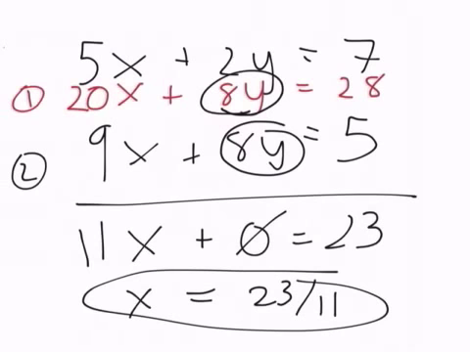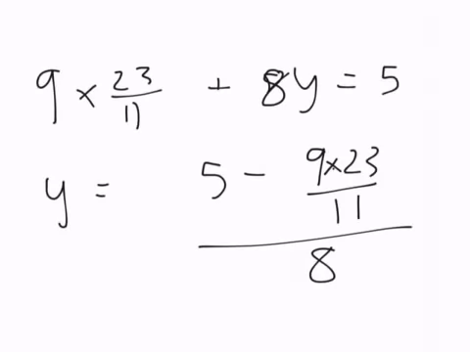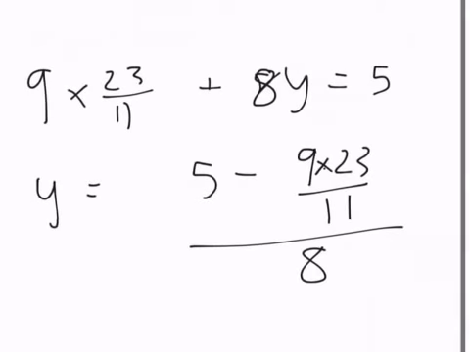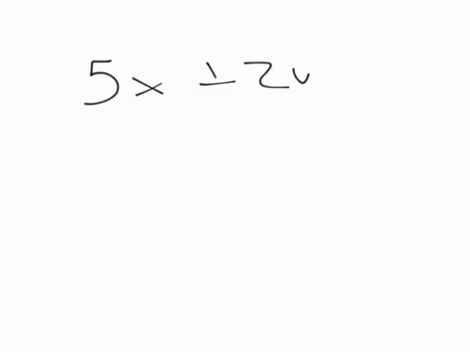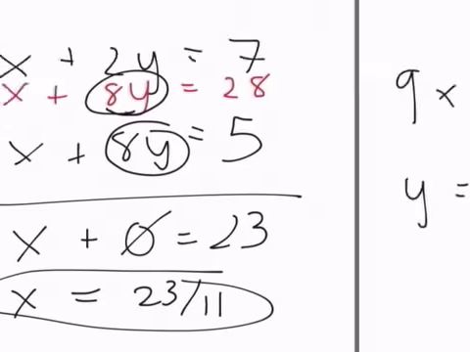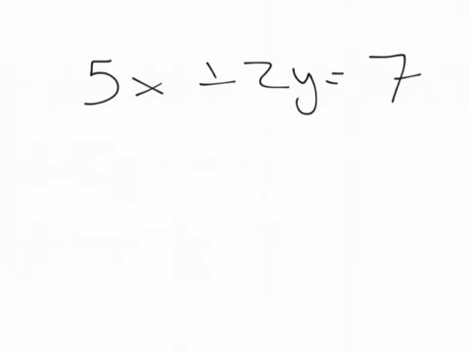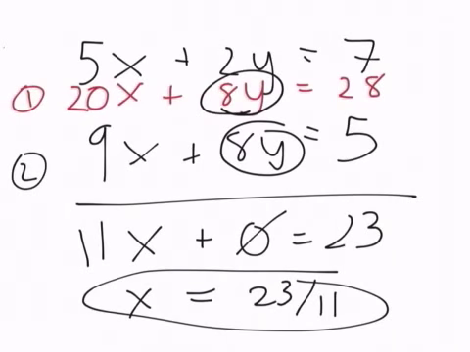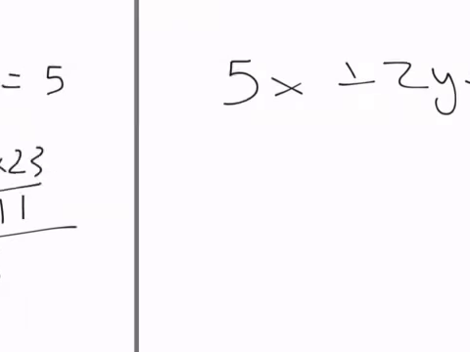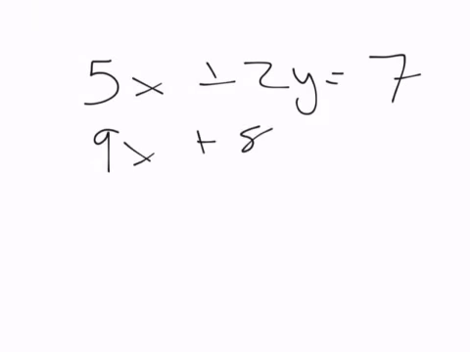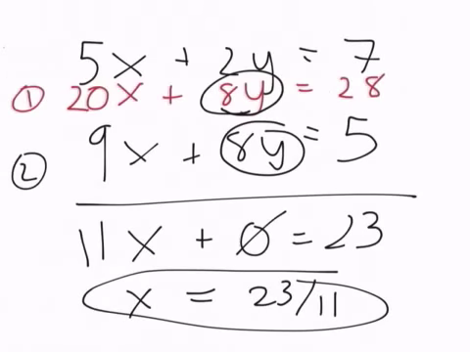There's also a method called substitution, which I will explain ever so quickly. Say we have the same equations, 5x plus 2y equals 7, and 9x plus 8y equals 5.